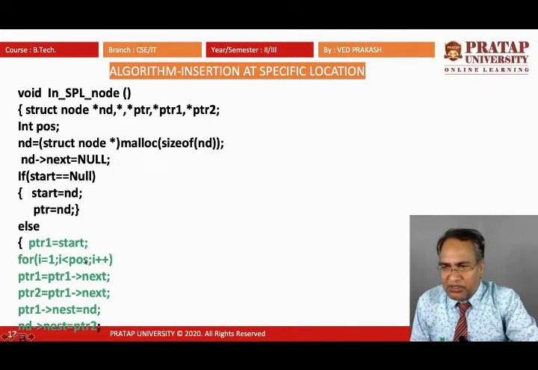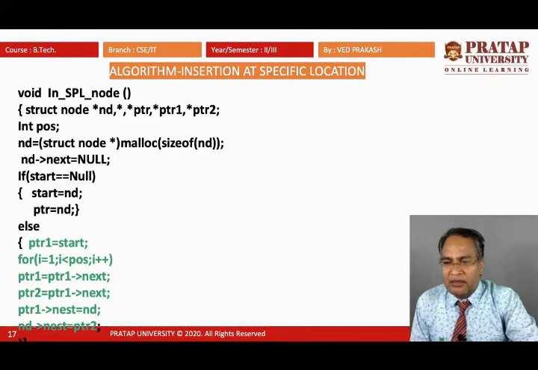I apply this instruction using this code: for i equals 1, i less than pos, i plus plus. This process will continue while i is less than the position. So PTR is set to PTR next, it means PTR continues to advance, and similarly PTR2 goes to PTR1 next, it means PTR2 basically denotes the next node of PTR1.